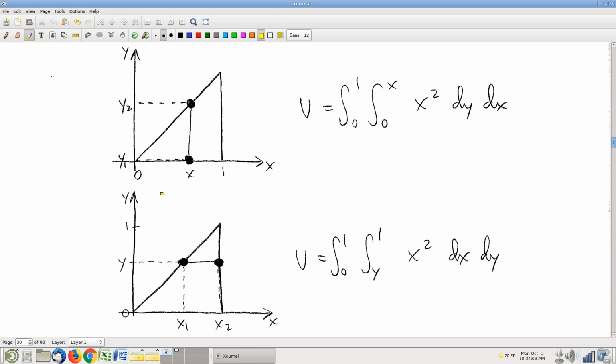If you want to do your dx slicing first, because I said slicing, I think it's reasonable to say first, it's first in the slicing process, then dx goes on the outside. On the other hand, if you want to slice with your y slices first, then dy is on the outside. Everybody on board? Everybody comfortable with all this stuff? Good. Okay, so that's where we were at the end of the recording.